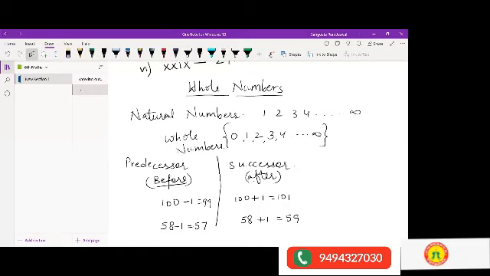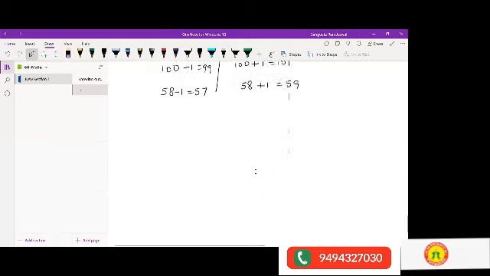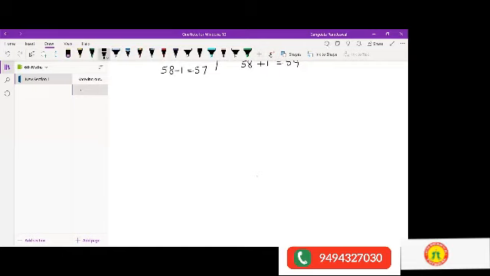Now, adding and subtracting whole numbers is the same thing that you have been doing in your junior classes. You add whole numbers, say 343 and 654. Same way we have subtraction and multiplication of these numbers.